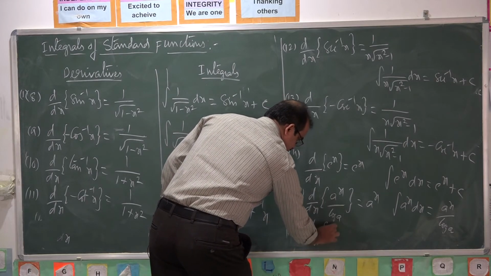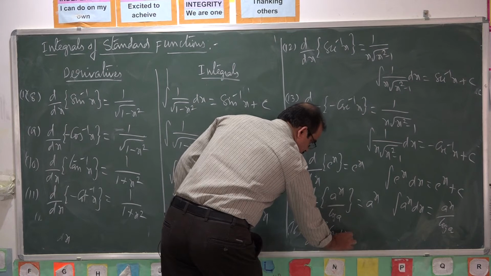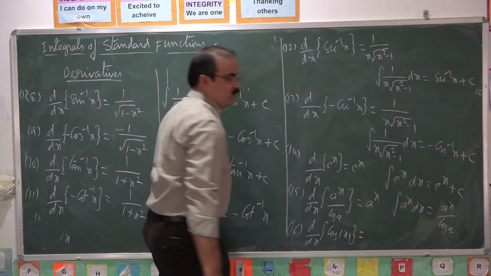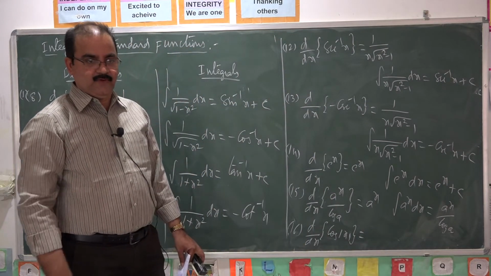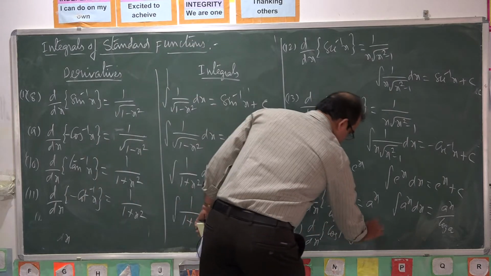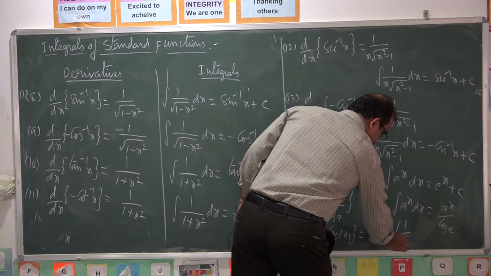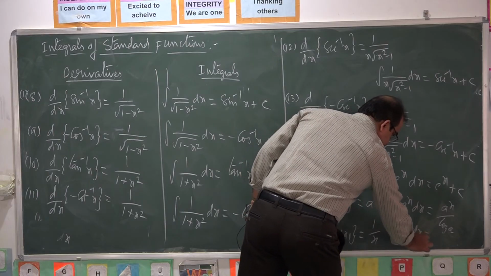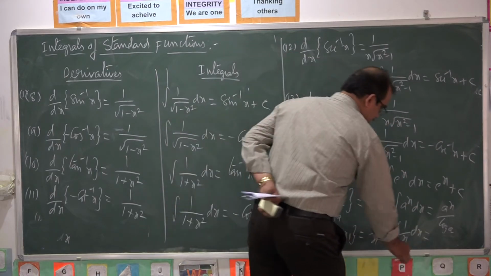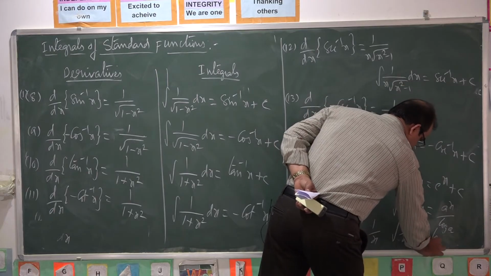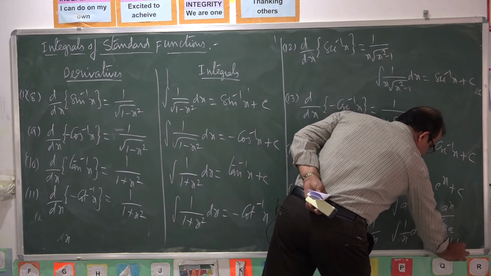d by dx of log mod x, we know derivative of log x is 1 by x. So integral of 1 by x dx is equal to log mod x plus c.